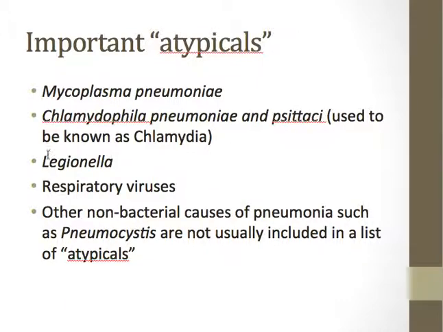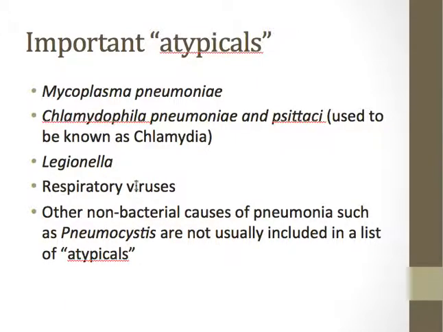A very important cause in hospital terms of an atypical pneumonia, that is atypical in terms of presentation and radiology, is this one, Legionella, the cause of Legionnaire's disease. However, this is not a typical atypical and is not actually an atypical bacterium, it's a cause of atypical pneumonia, as I'll explain in a minute.